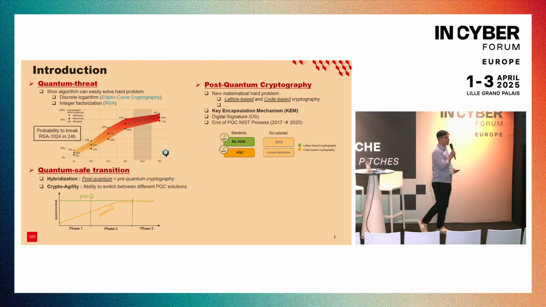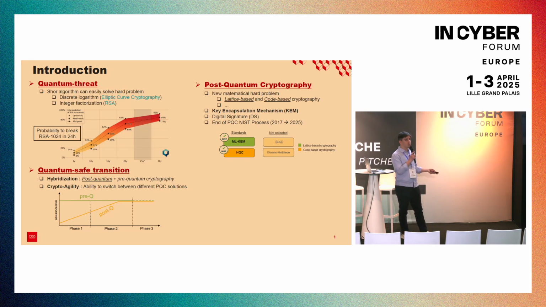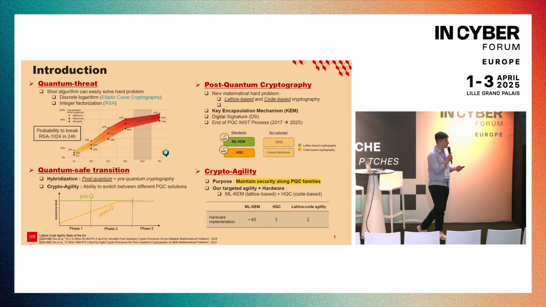The idea to accomplish this transition is to use two approaches. The first one is called hybridization, where applications take into account post-quantum and pre-quantum algorithms. The next approach is crypto agility, which is the approach that we will cover in this presentation.